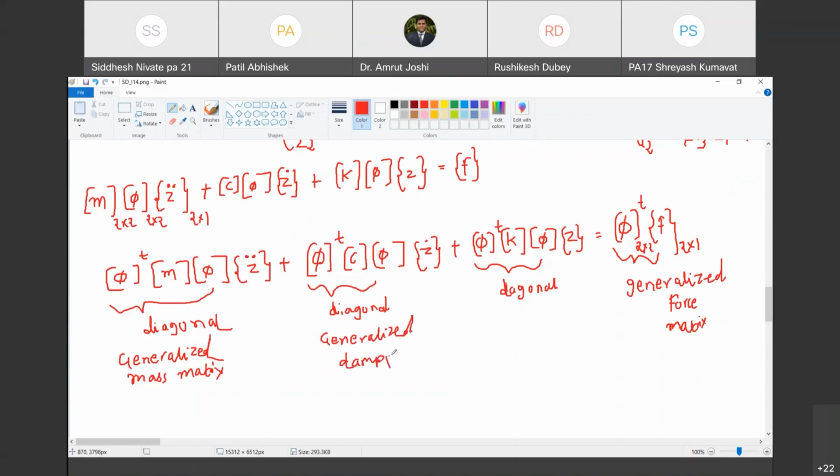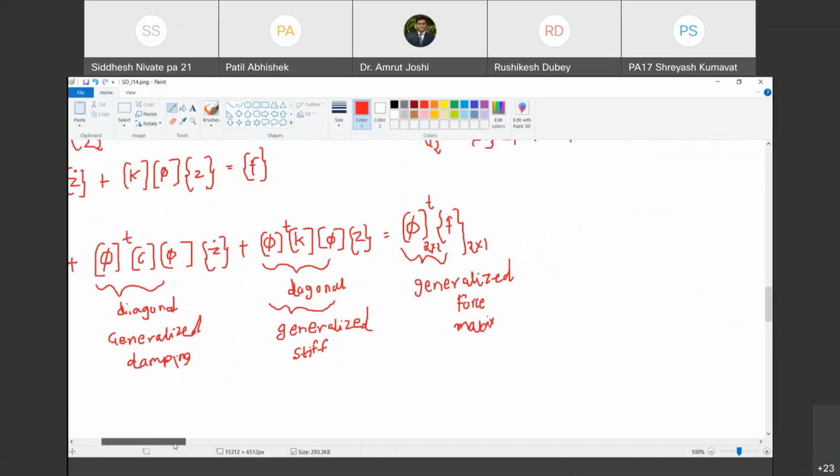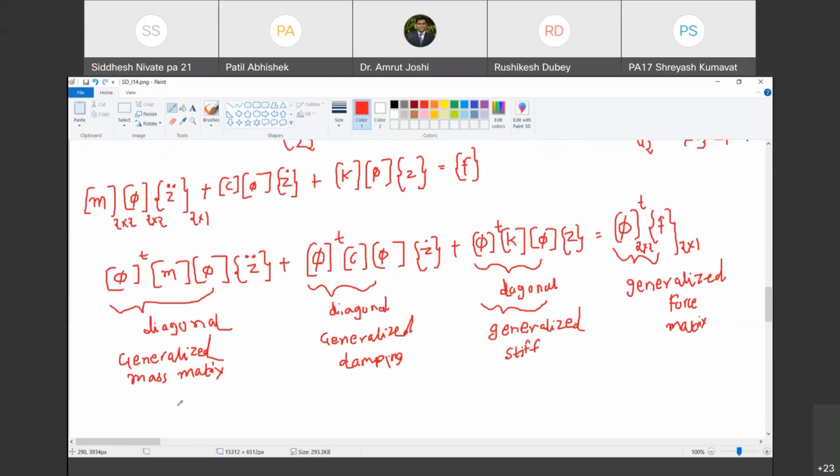Are you with me? Yes, sir. And this, of course, is the generalized stiffness matrix. Happy? Yes, sir. So now the generalized mass matrix gets multiplied by generalized accelerations. The generalized damping matrix gets multiplied by generalized velocities. The generalized stiffness matrix gets multiplied by generalized displacement. And this is equal to the generalized force matrix. Everything falls in place. Now what is the problem? Finding out phi. Are you with me?